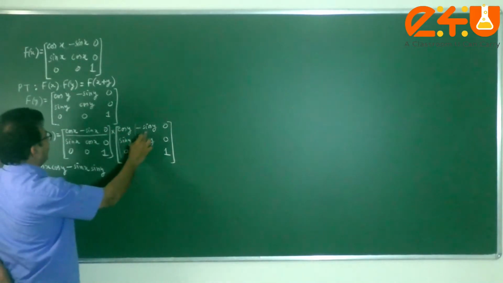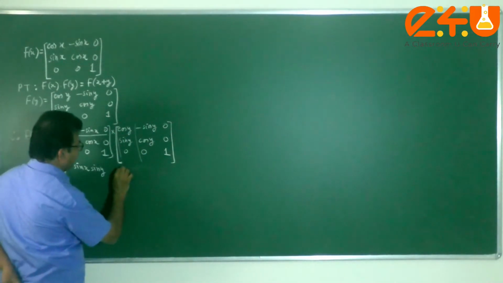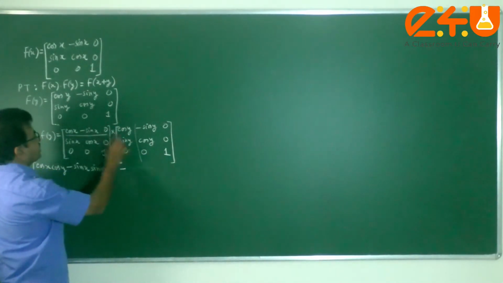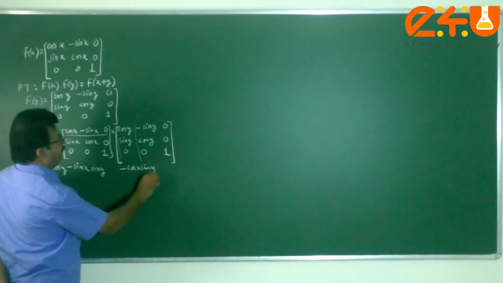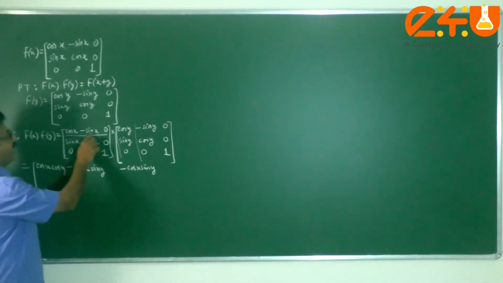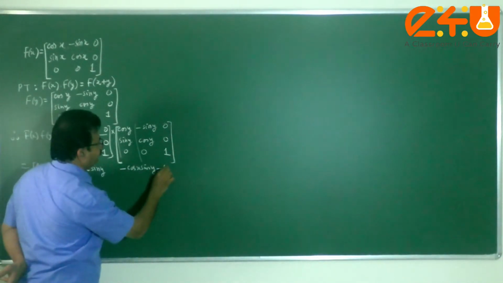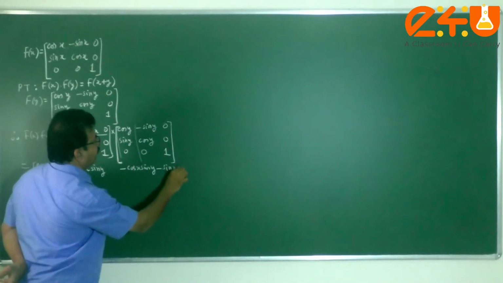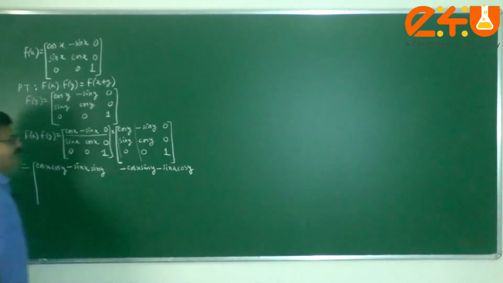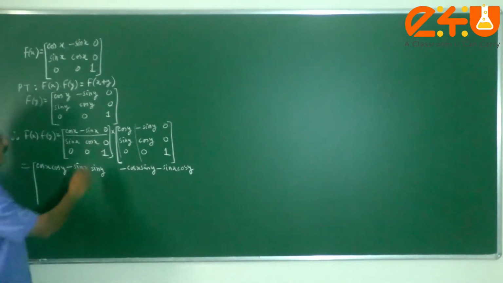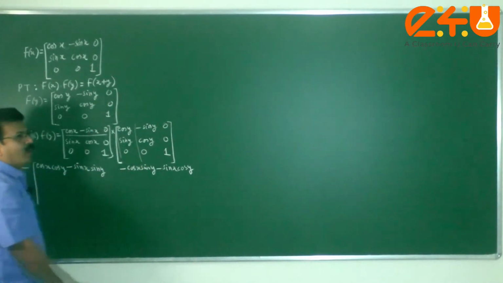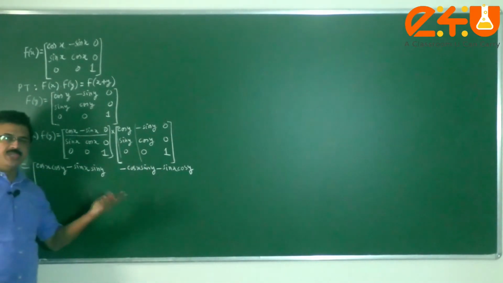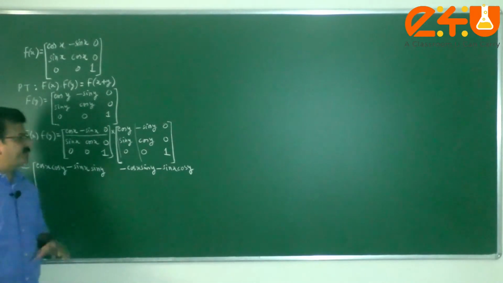Cos x times negative sin y, so the result is negative cos x sin y. And once again it is negative sin x cos y. And the last pair of elements is 0 times 0, which I need not write because adding a 0 does not make any difference.